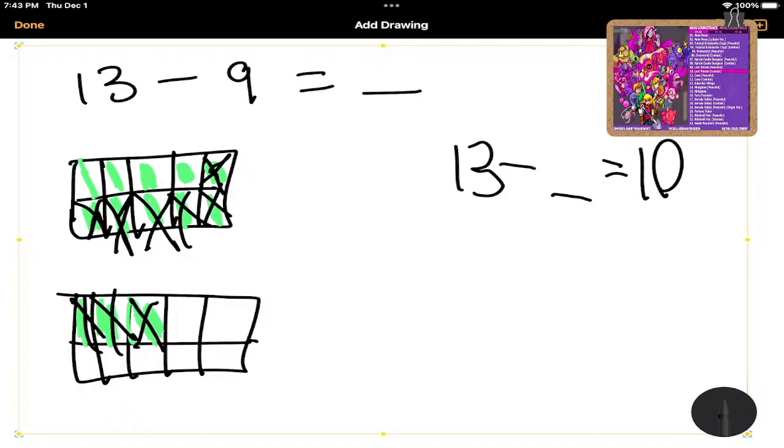So it's going to be 3. So to make a 10, you have to remove how many? 3. Okay. So 13 minus 3 equals? 10. Okay, what's the next equation? Next equation is 9. Where's 9 from? Here. Okay, what happened to the 10 equation?